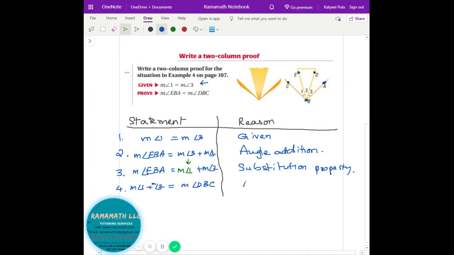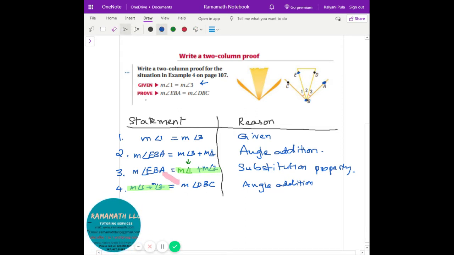Okay, same way, angle addition property. So I can see this right here. Again, I'm going to highlight this one. So EBA means measure of angle 1 plus 2, and DBC is also measure of angle 1 plus 2. So obviously I can say these are the same.